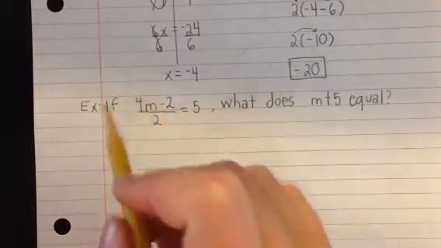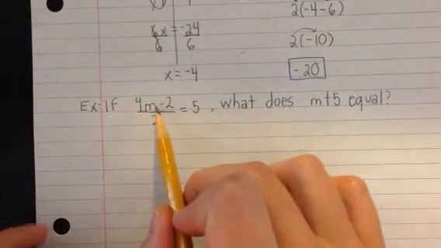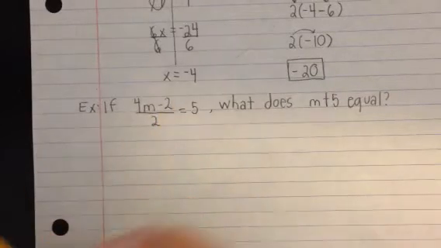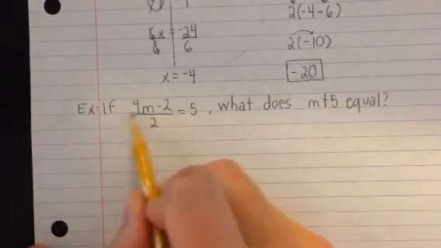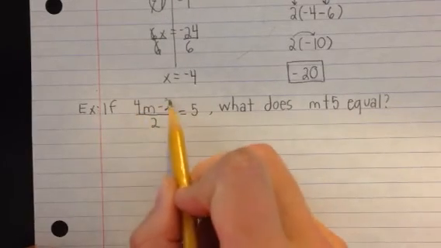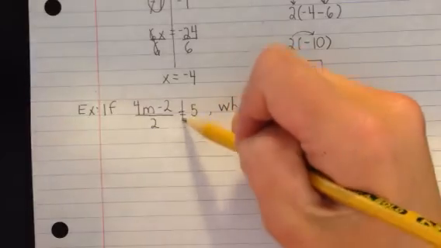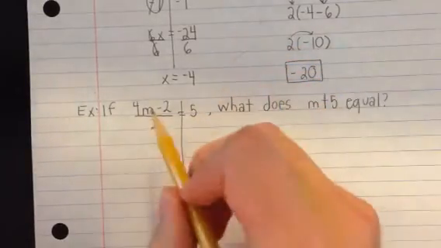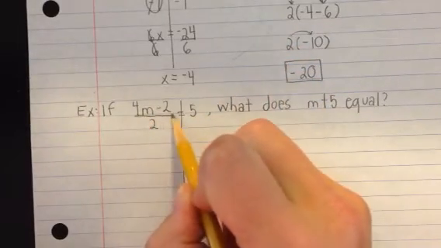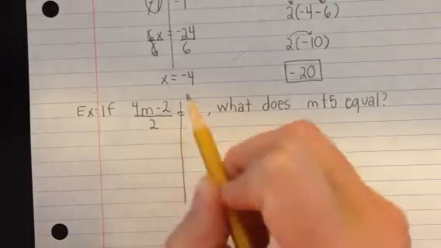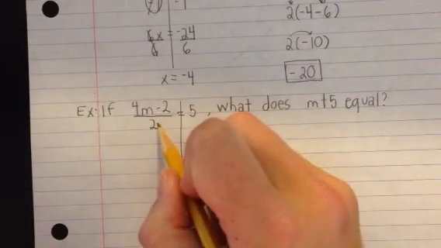This is different from yesterday's two-step equations lesson because the fraction goes over the entire left-hand side. You'll notice this goes over the entire left-hand side. So in order to clear that out, this is divide by 2, so you're going to multiply by 2.